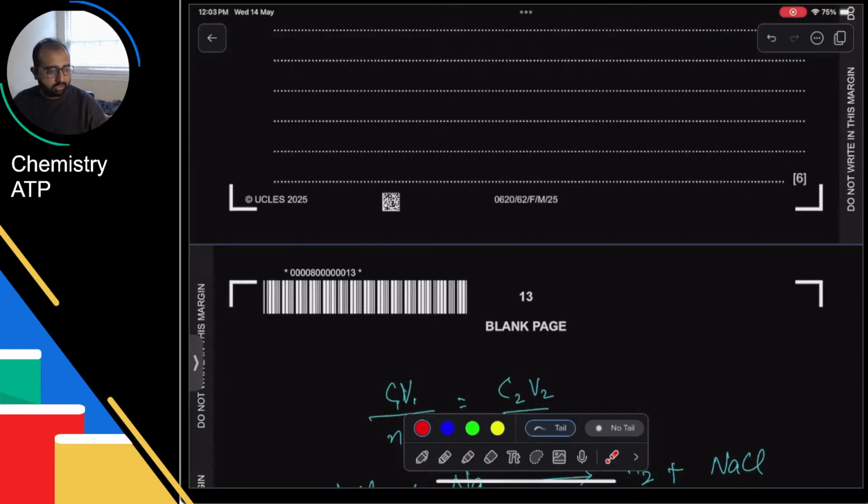Let's do another paper and then we will end this session. All right, let me get the paper. So I'm going to do winter 24 O levels paper 4-2.